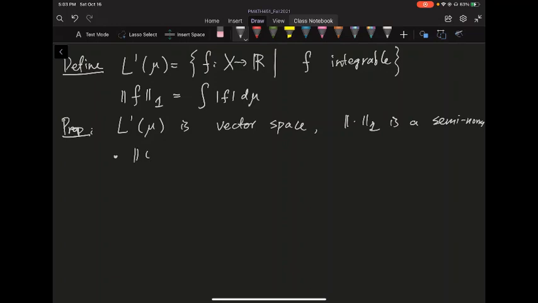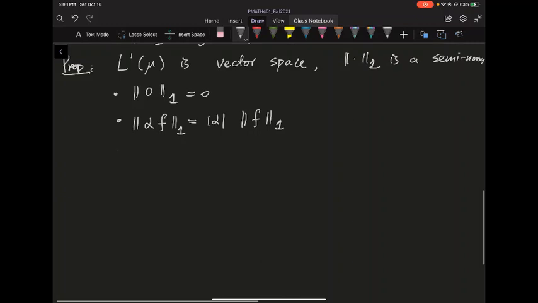The one norm of the zero function is equal to 0. That's kind of trivial. If you scale by some scalar, you can pull out the absolute value of the scalar. And finally, it needs to satisfy the triangle inequality: the one norm of f plus g is less than or equal to the one norm of f plus the one norm of g.